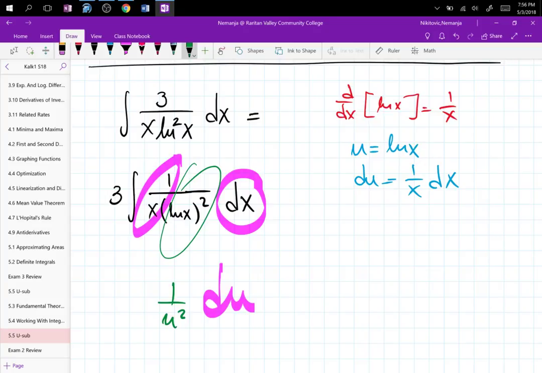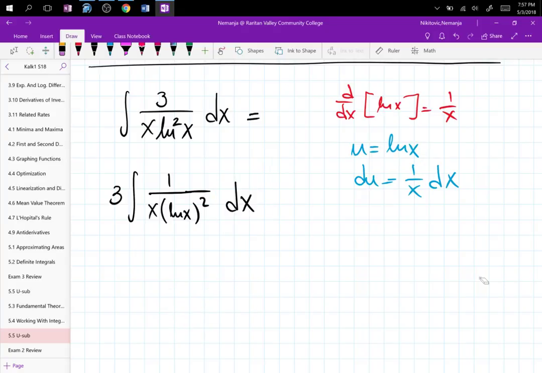We defined ln x to be u, so ln x squared is u squared. So the entire problem collapses onto integral of 1 over u squared du. So this whole thing is 3 times the integral of 1 over u squared du.